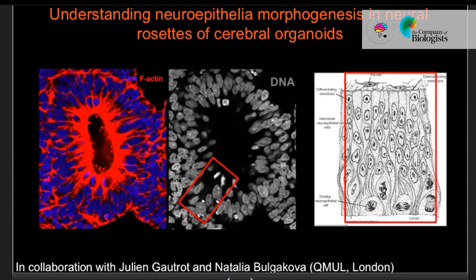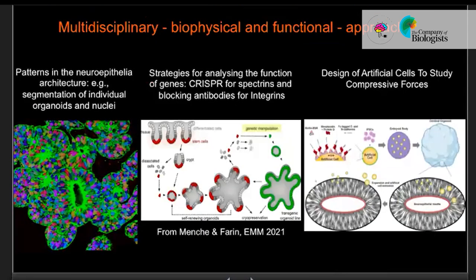So together with Natalia and Julian, also in Queen Mary, we've been doing three things. One is trying to identify several patterns of this tissue architecture of this neuroepithelia. And instead of doing manually, because as you heard, there can be lots of differences in control organoids, we are using machine learning a little bit to extract patterns that are reliable.